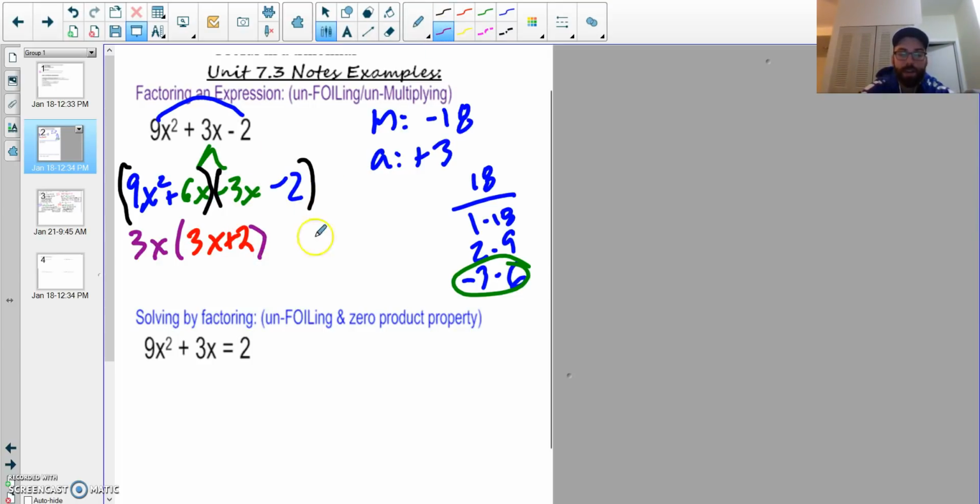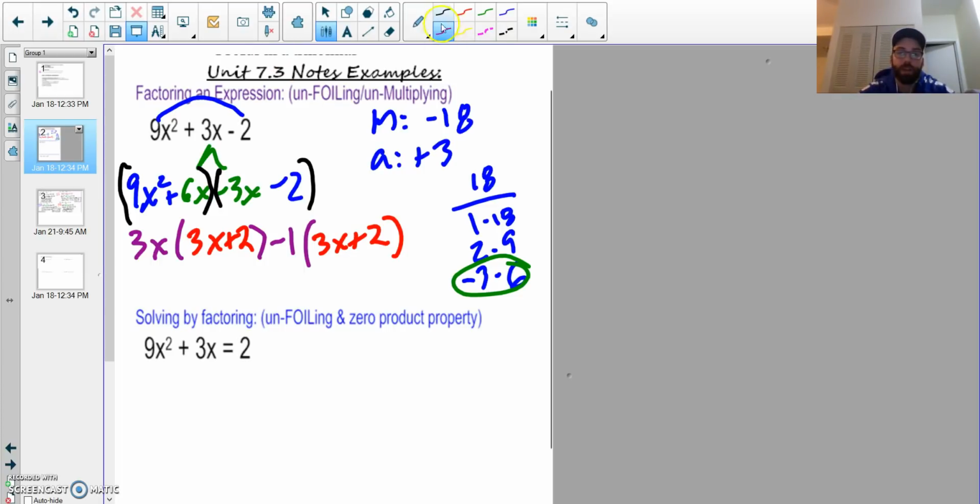Between negative 3x and negative 2, I want to pull out a GCF such that inside my parentheses is 3x plus 2. I recognize I have negative 3x minus 2, so I'm just going to take out a negative 1. Factor by grouping.